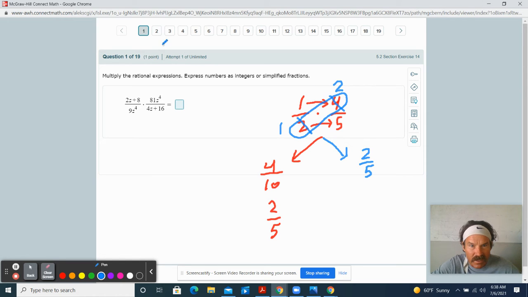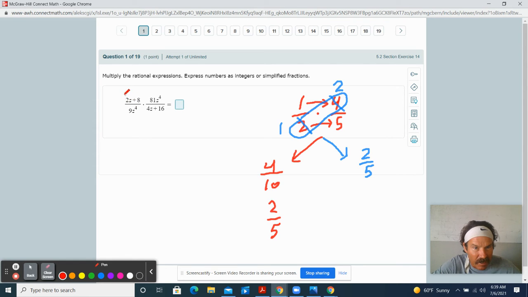So this entire assignment, I think 1 through 10 or 1 through 11, deals with multiplication. The last half deals with division, so we'll talk about division when we get there. But let's say we had a problem like this. Just like yesterday, before we start doing any canceling, we have to remember to factor.